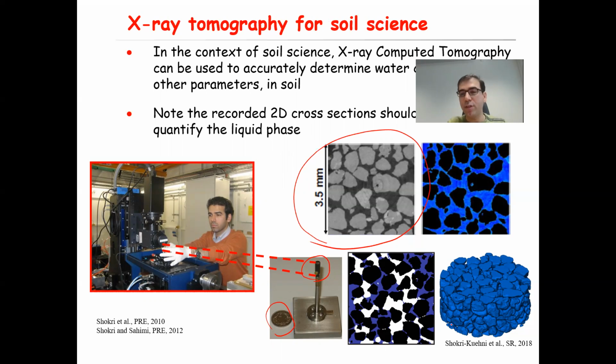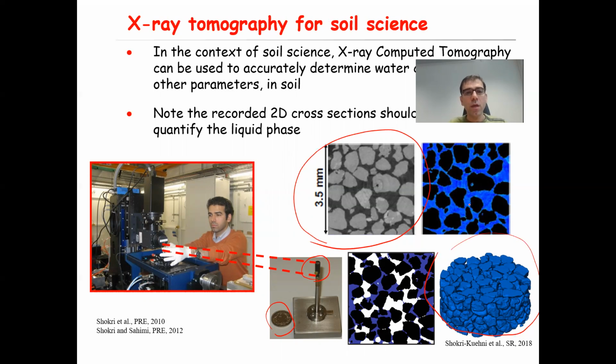You can also reconstruct only the solid phase if necessary, so you have detailed information of the phase distribution. These results were published in a couple of papers in 2010, 2012 and 2018. If you're interested, please feel free to visit our website and look into the papers for more detail.